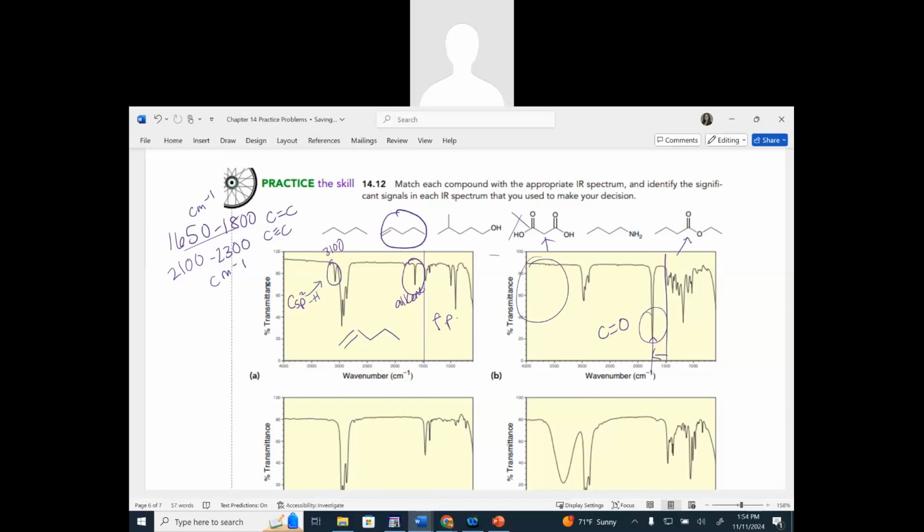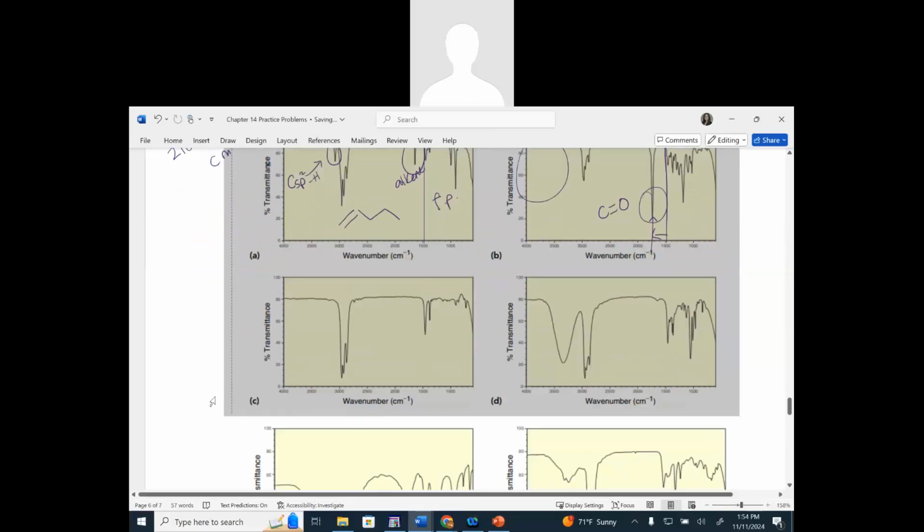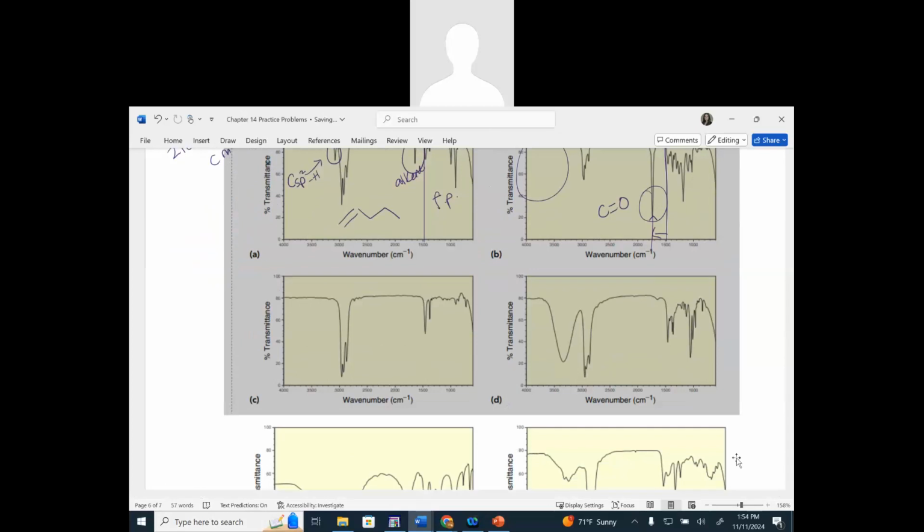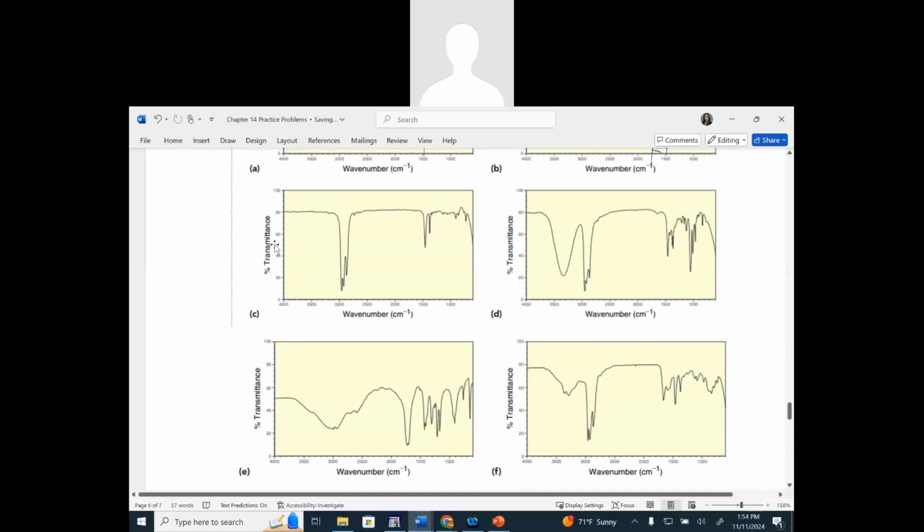So there's no OH stretch. So we would assume that this compound here would be the compound responsible for spectrum B. So again, we're looking for signals or lack of signals at times.